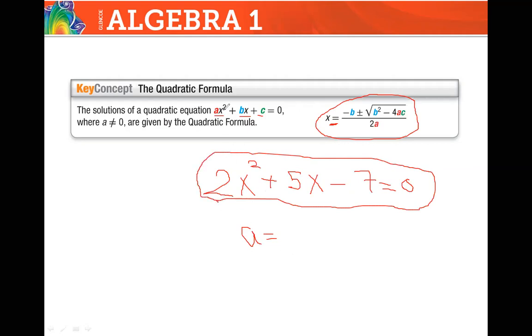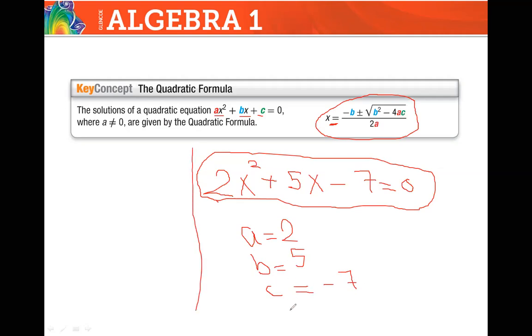A is the coefficient of x squared, it means the first number. It's 2. And b? B is 5, we take only the number 5. And c? Negative 7. Yes, negative 7.